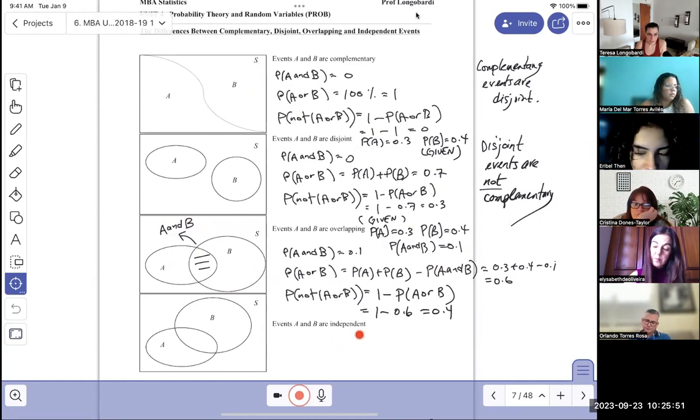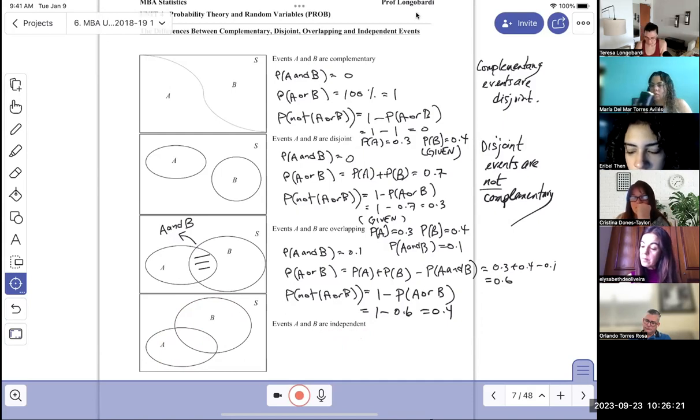And it's a very specific term in terms of statistics and probabilities. Independent events are overlapping. They're not disjoint events. They're not complementary events. Well, they could be. Yeah, they have to be overlapping.